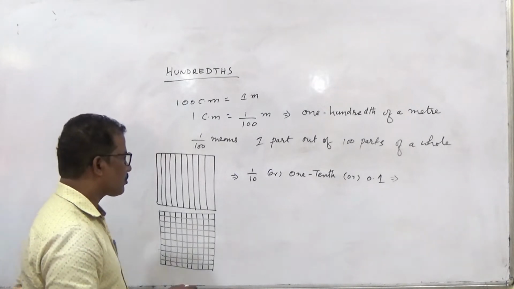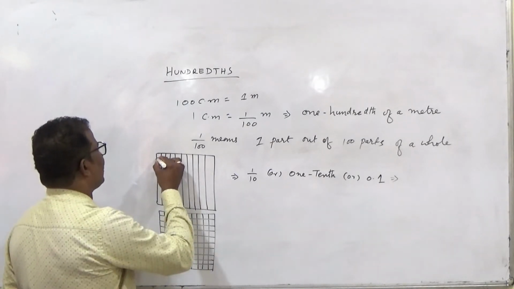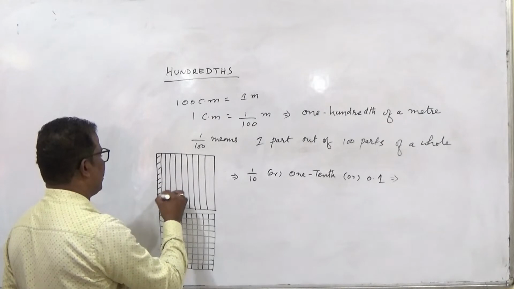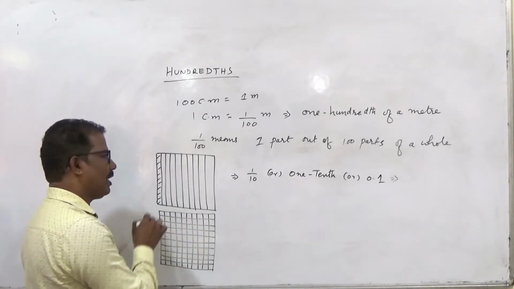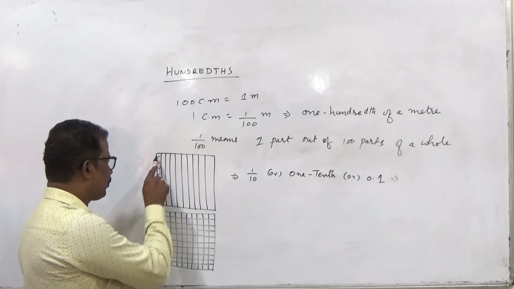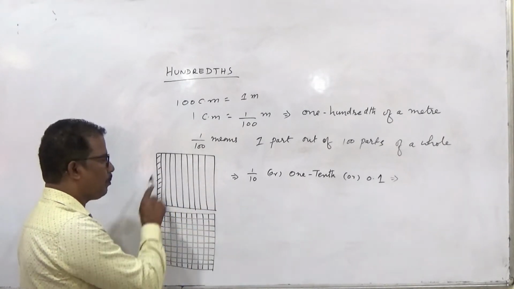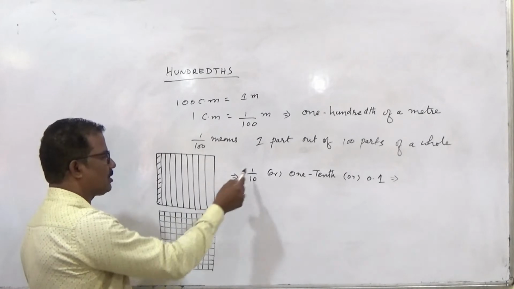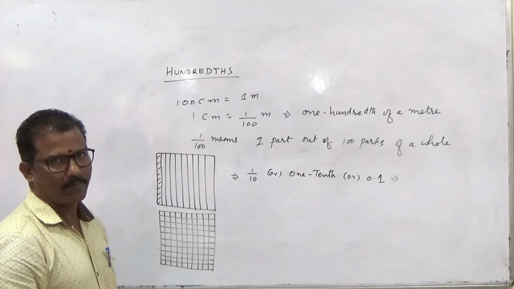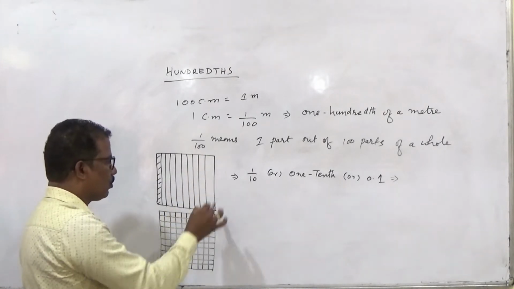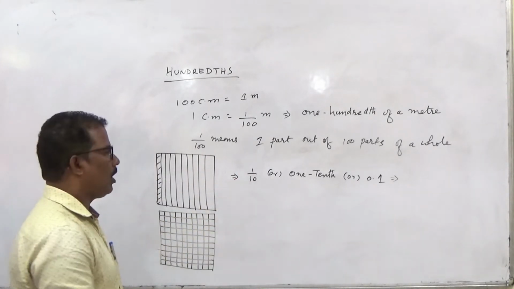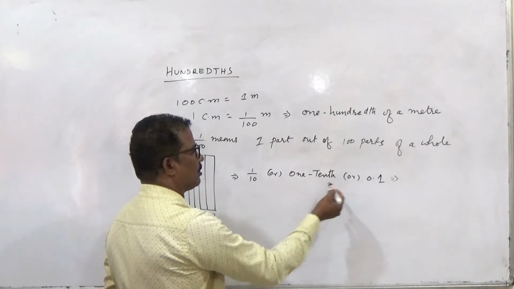Now see, if we shade one part out of these 10 parts, the fraction for this shaded part of the whole square is 1 by 10, or we can say 1/10.